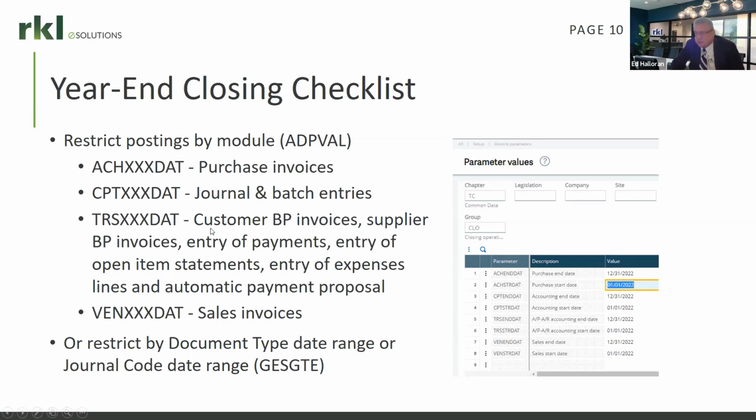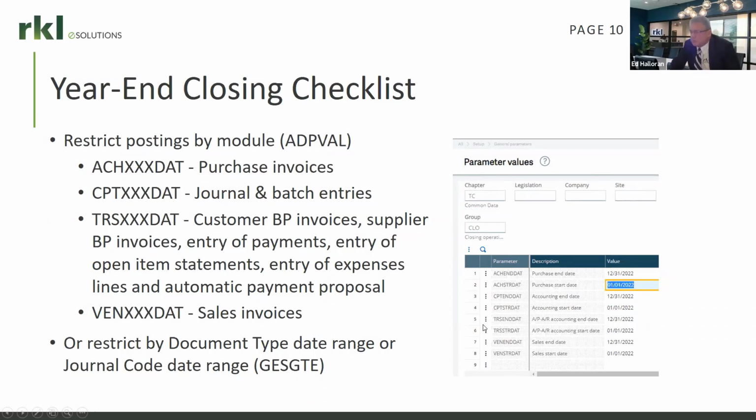PRS applies to accounts receivable and accounts payable type transactions, those being customer invoices, supplier invoices, payments, entry of open item statements, entry of expense lines, and automatic payment proposals, checks, ACHs, etc. And then the one here, VEN, is sales invoices.